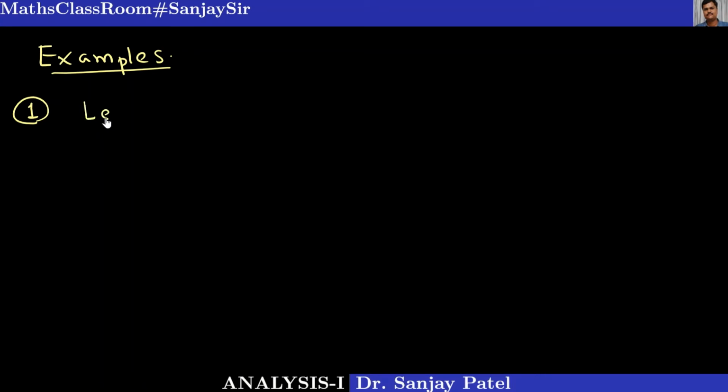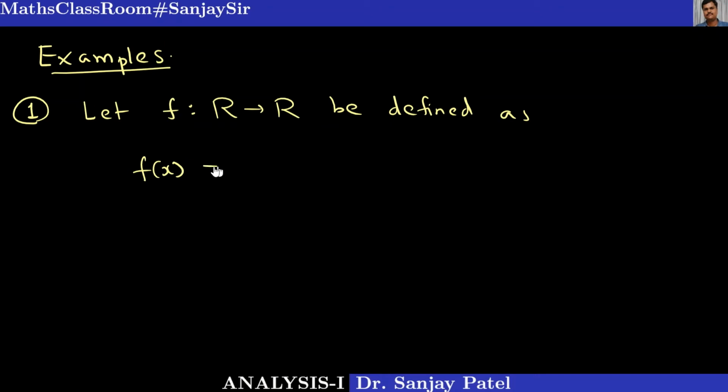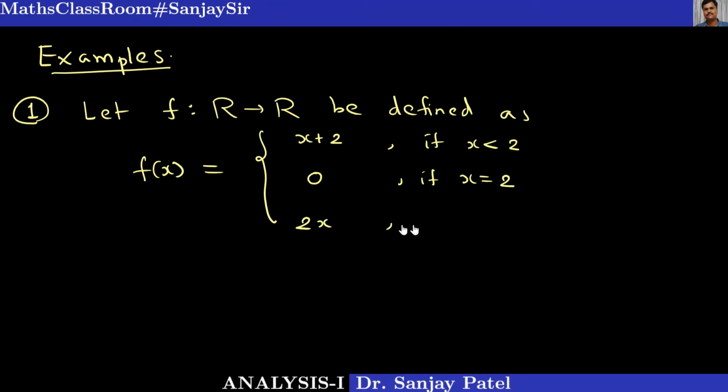Let f from R to R be defined as f of x is equal to x plus 2 if x is less than 2, is equal to 0 if x is equal to 2, and 2x if x is greater than 2.